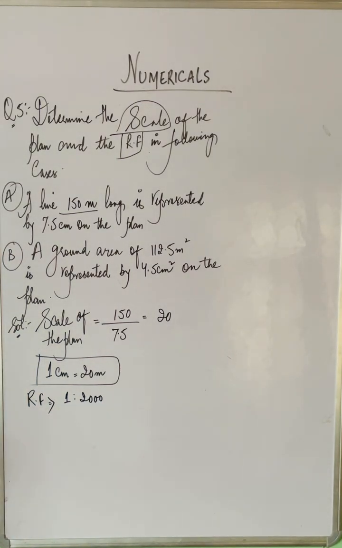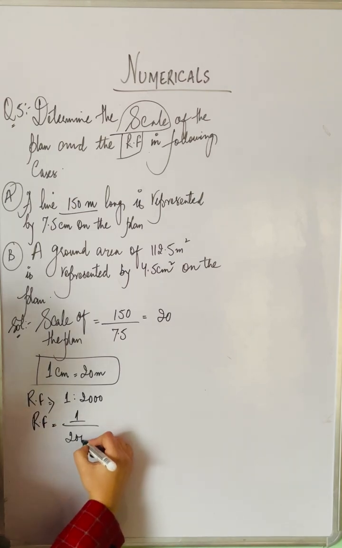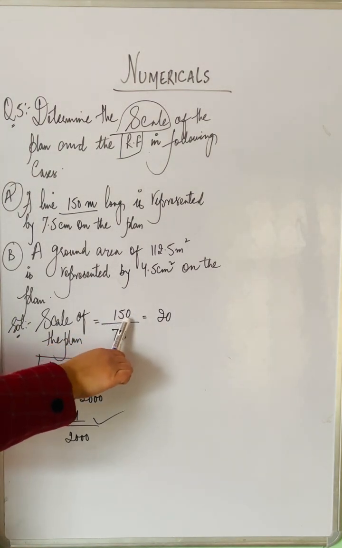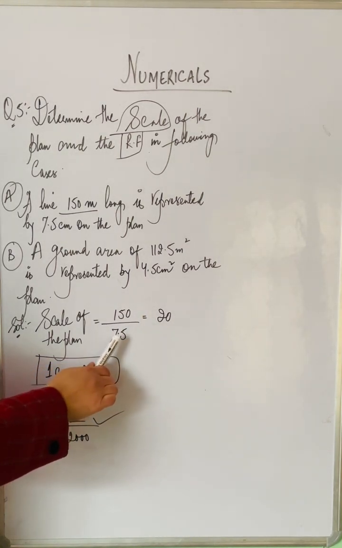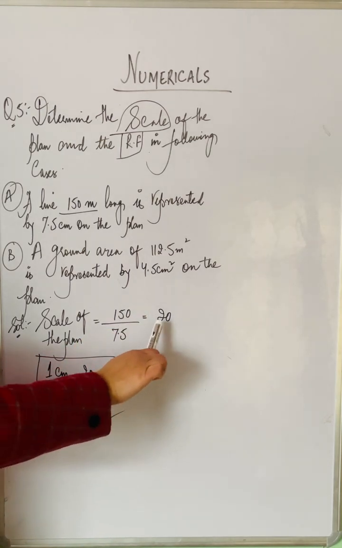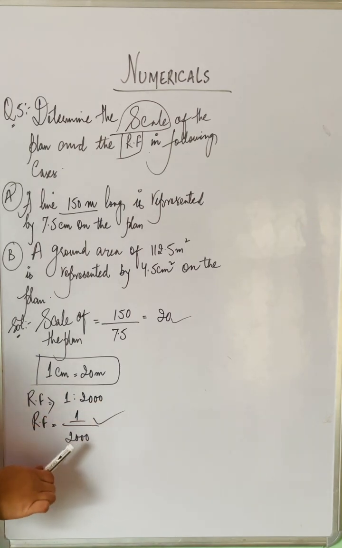Right? So the representative fraction will be this. This completes case number 1. We found the scale as well as the representative fraction. The line was 150 meters long on the ground, and on the plan it was represented by 7.5 centimeters. The scale came out to 1 centimeter represents 20 meters on the ground, and the corresponding representative fraction is 1:20,000 or 1/20,000.